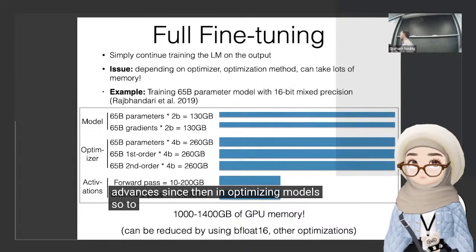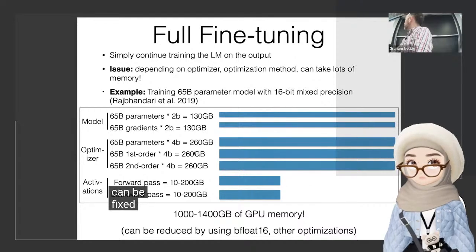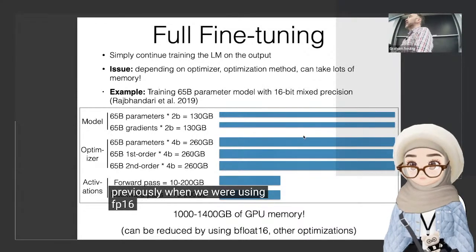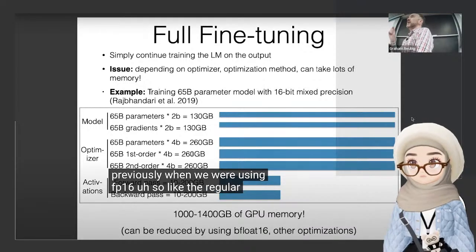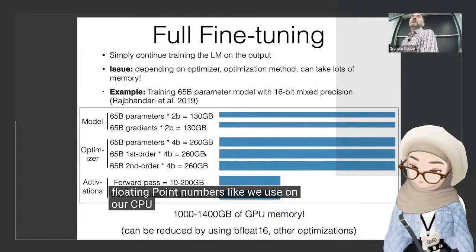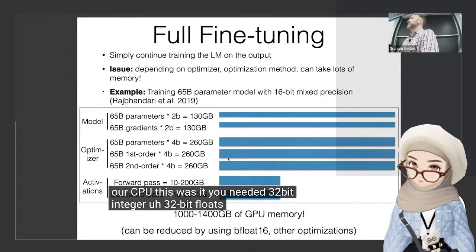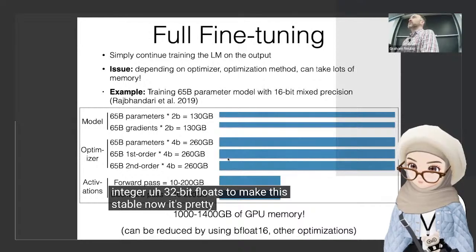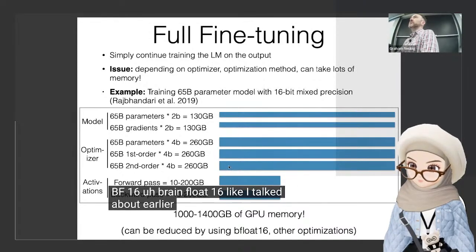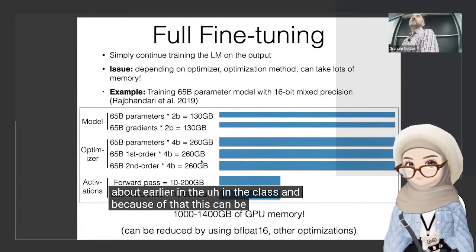To give some examples of things that can be fixed, previously, when we were using FP16, like the regular floating point numbers we use on our CPU, you needed 32-bit floats to make this stable. Now it's pretty standard to use BF16, brain float 16, like I talked about earlier in the class.